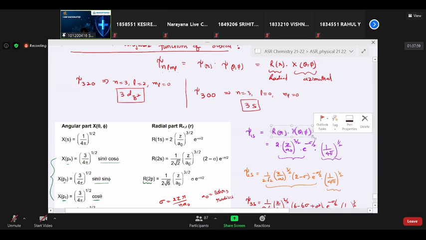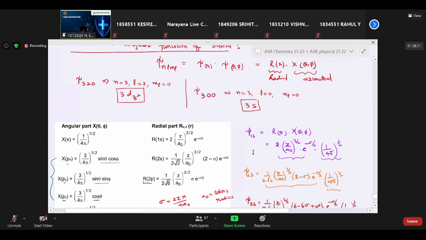For s orbitals there is no angular part, only a constant. So cos theta, sin theta, cos pi, sin pi, it is independent. S orbitals are spherically symmetrical. As they are spherically symmetrical, they are non-directional, and therefore independent of the angular part.